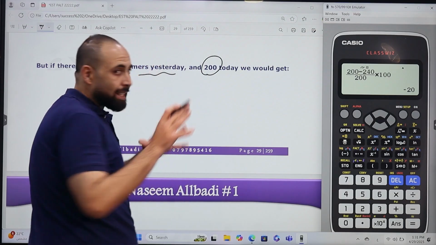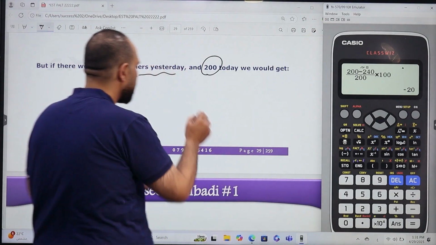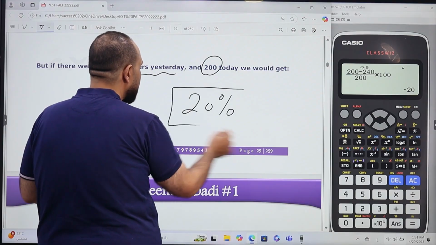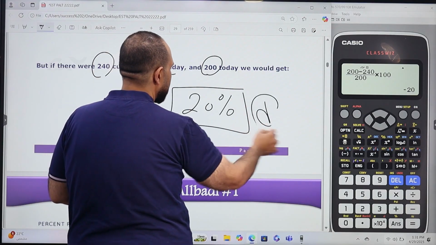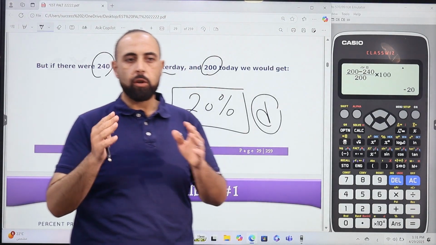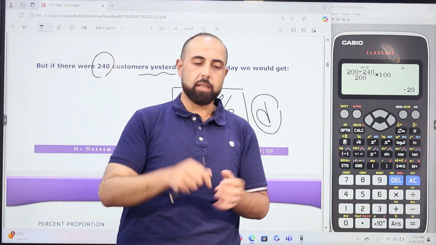Negative, we write it as an absolute value, 20%. But it is a 20% decrease, not increase. That's the first form of the percent question.